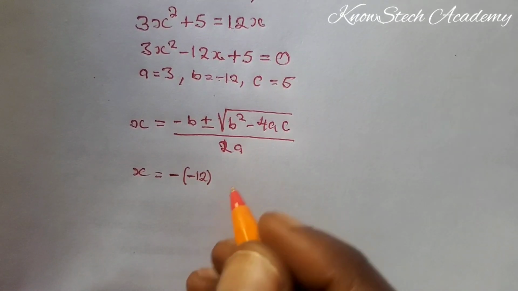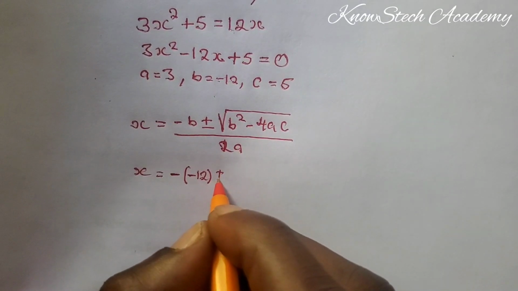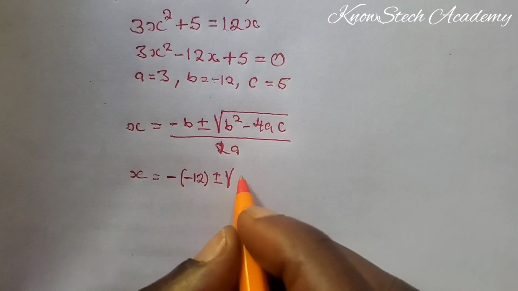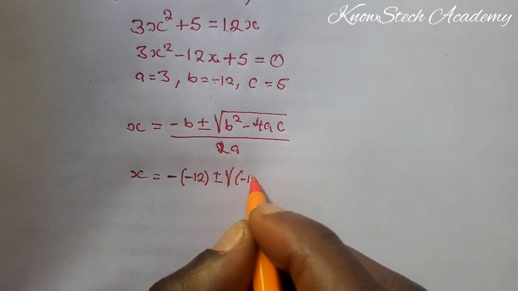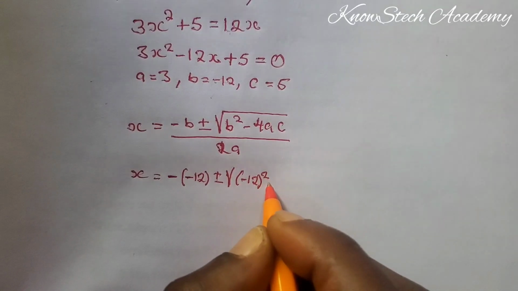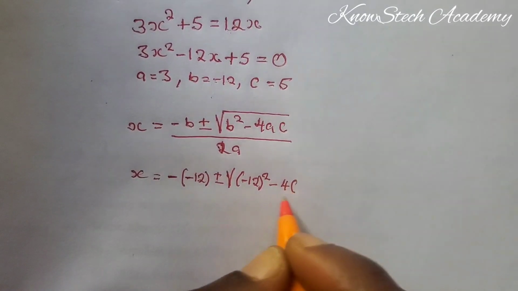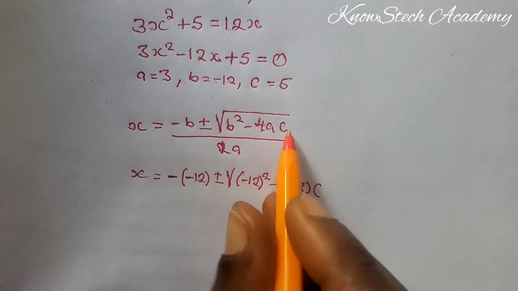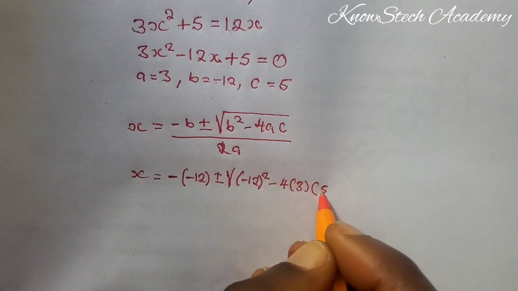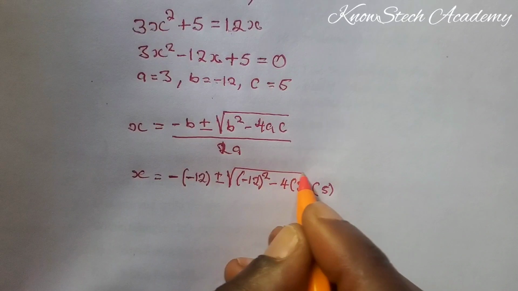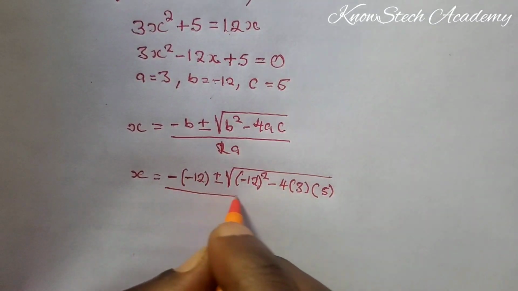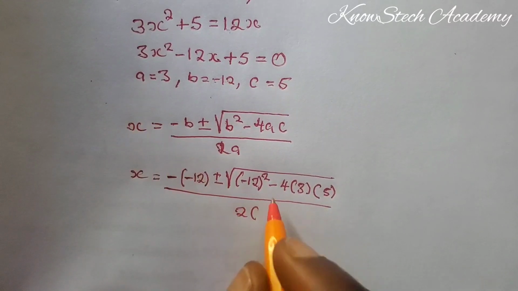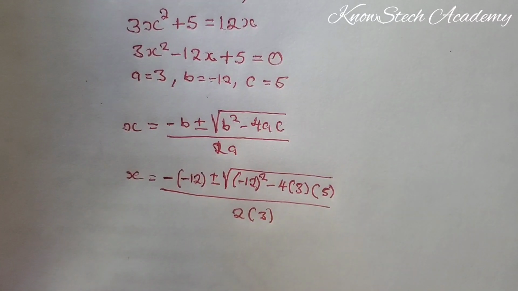The negative stays outside, then plus or minus the square root of negative 12 squared minus 4, the value of a is 3, the value of c is 5, over 2a, so 2 times 3.